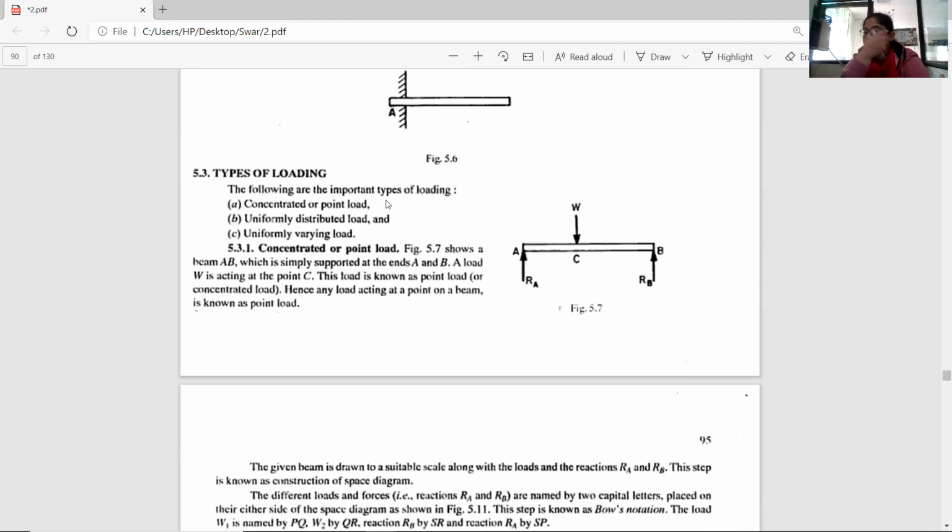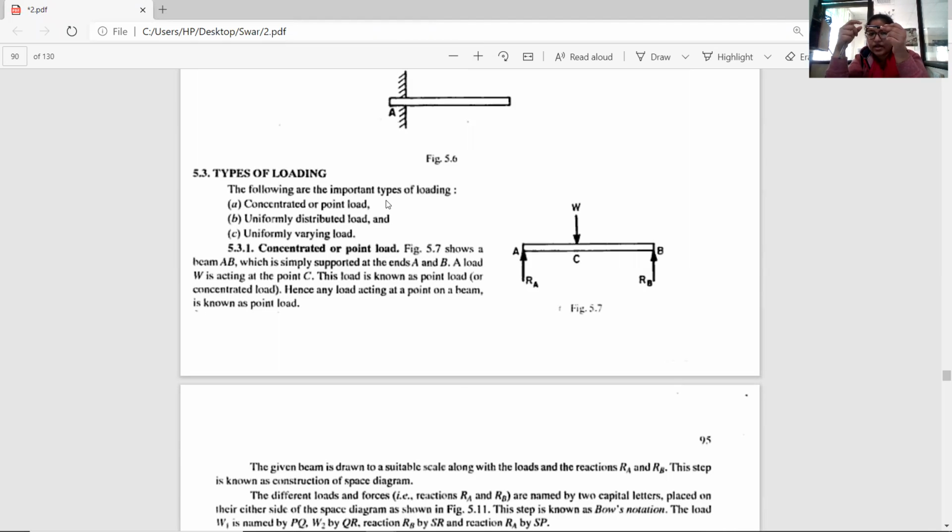Uniformly distributed load: if I have this body and this load, then in a point load, all my load is only at one point.